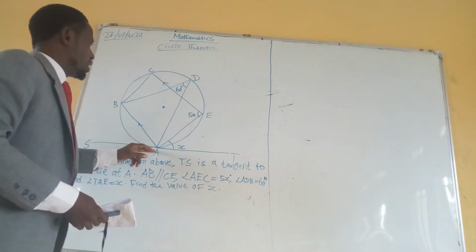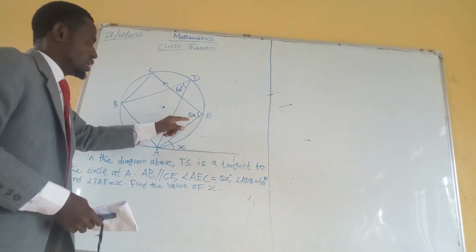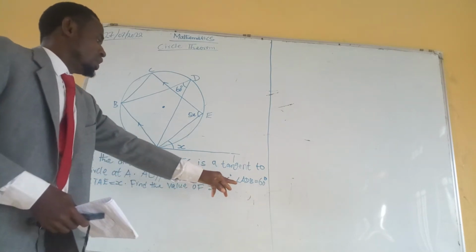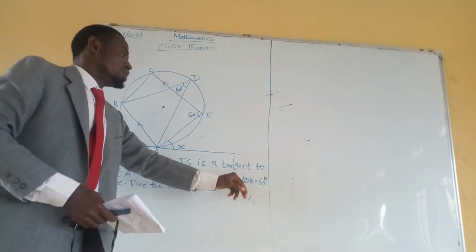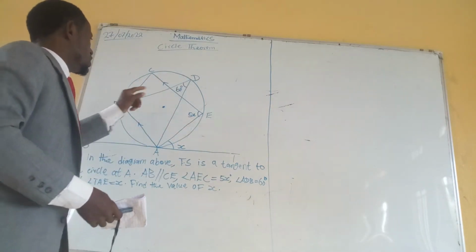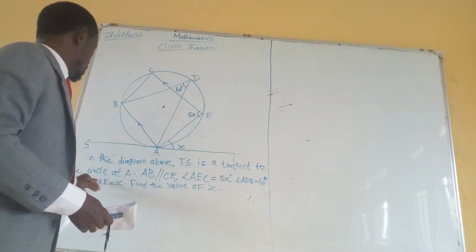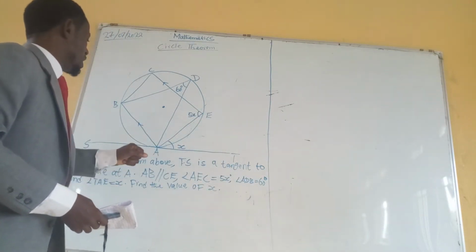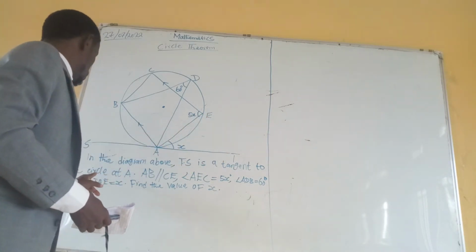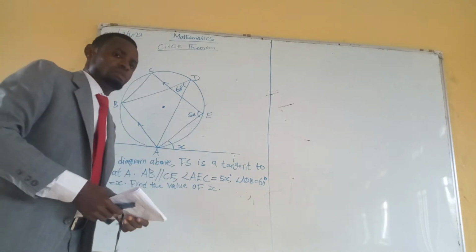Angle AEC, that is this angle here, is equal to 5x. Then angle ADB, this angle here, is equal to 60 degrees. And angle TAE equals X, that is this angle here. Find the value of X.